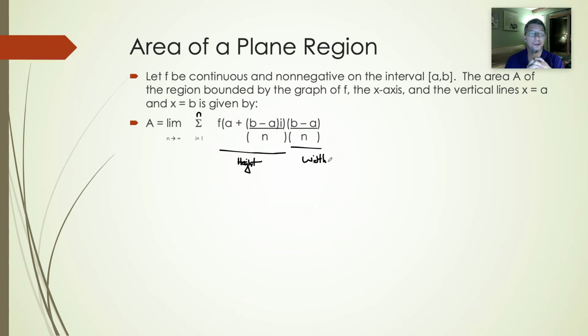Now the a's and b's are just the values on the x-axis between point a and point b. That's the area that you're trying to do. So it's the total width. But the height is a function of the width. So that's why we have the function notation, f of that mess. All right. Now, what does that mean for us? Well, let's say we try to find the area of a region.